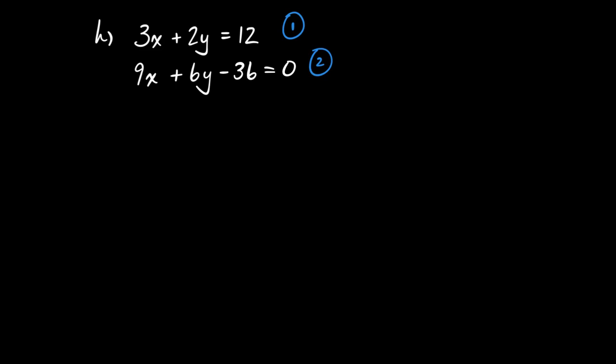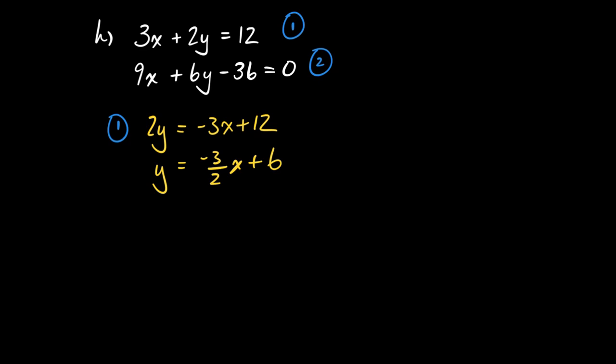Well, if I took equation 1, though, and I got the y all by itself, then, well, when I divide out my 2, that doesn't help me. I still have a fraction. But when I divide out a 2, at least there I get a whole number, an integer. So for me then to sub 1 into 2 isn't too bad.